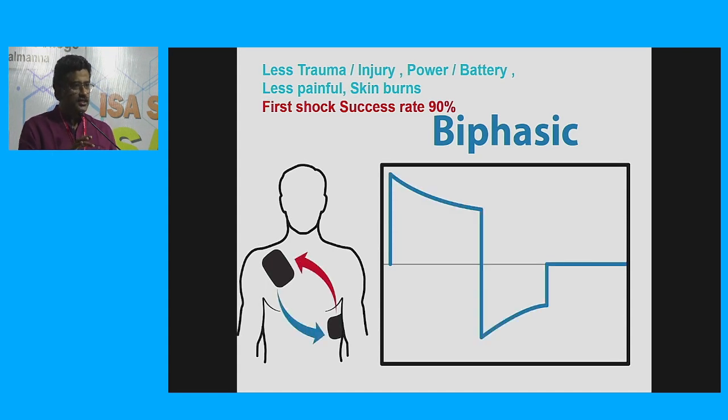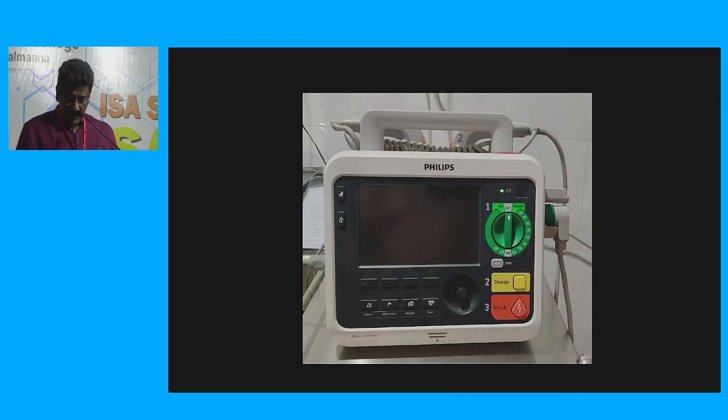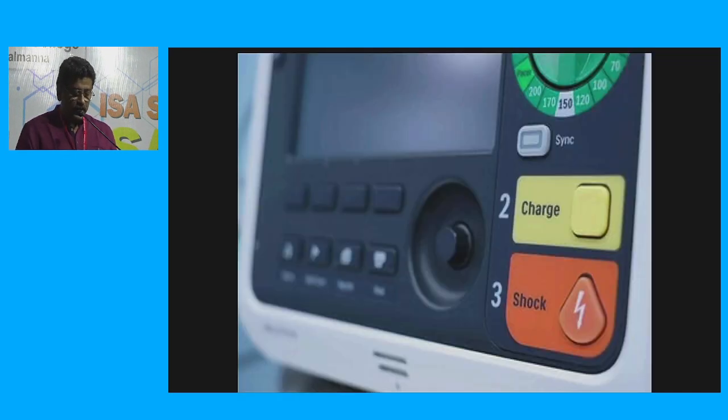An easy way to identify biphasic and monophasic is by looking at the maximum energy. See, this is a monophasic one, you see on that it is 360. If you see that, you can take it that it is monophasic, and this is a biphasic machine, here you find 200.